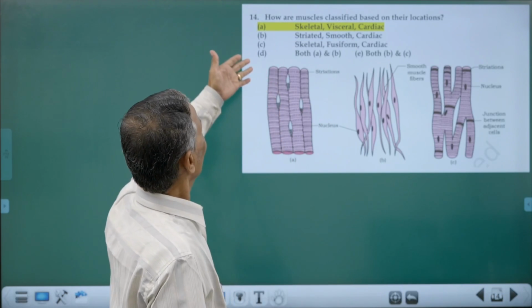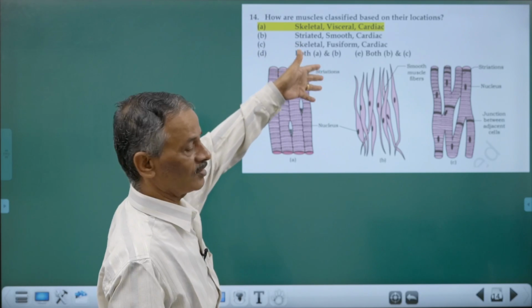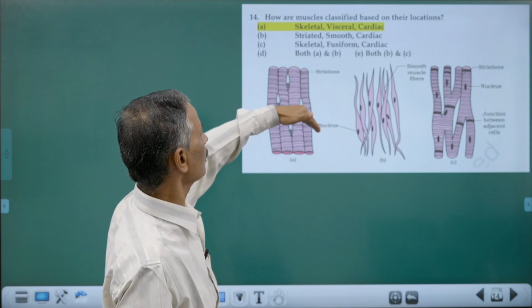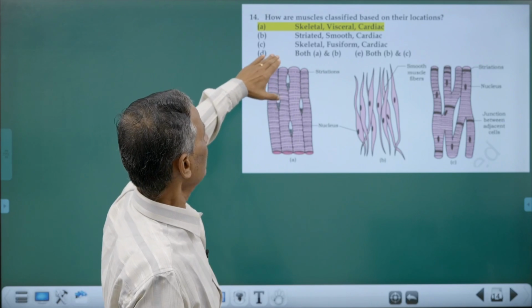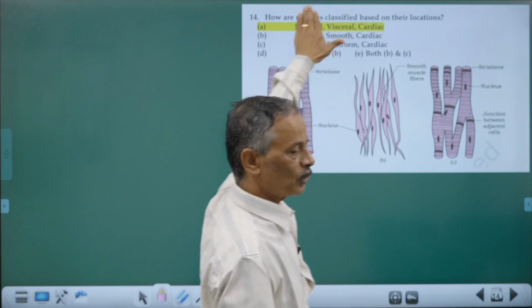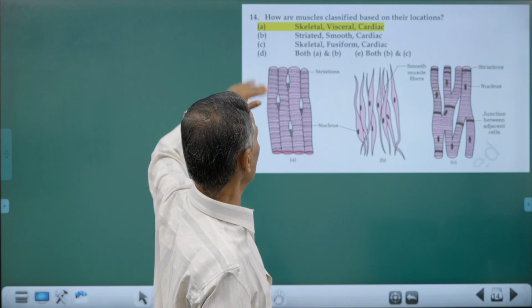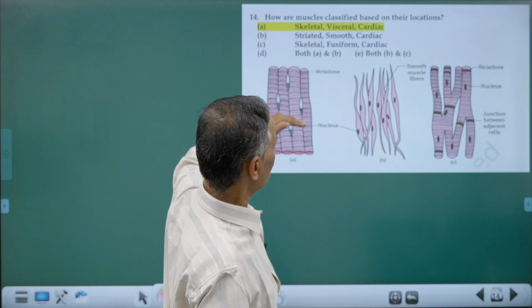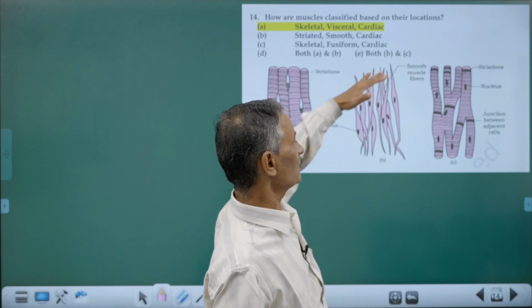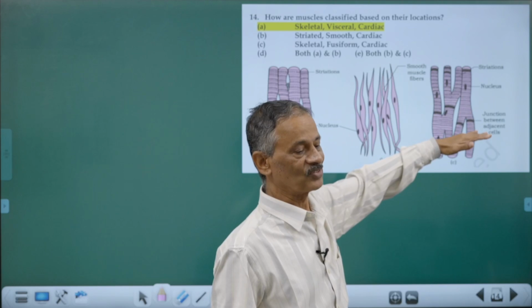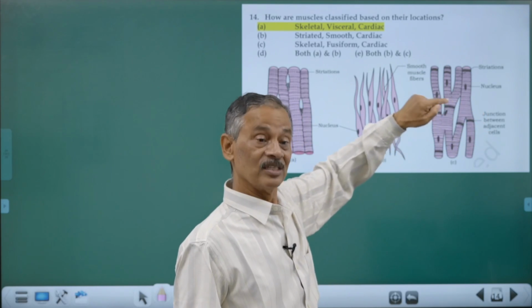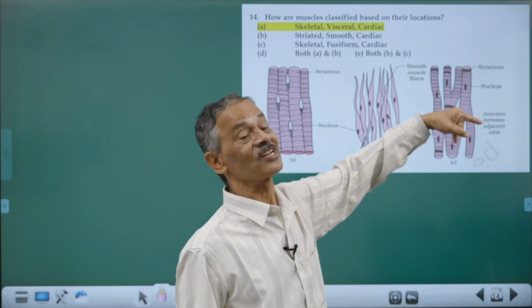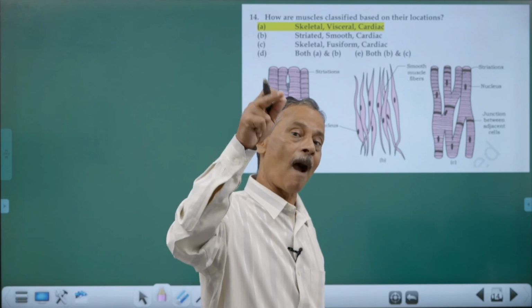Again, how are muscles classified? Based upon their location, we are classifying muscles into the skeletal muscles, visceral muscles, and cardiac muscles, not as striated, unstriated, etc. That is based upon their appearance.